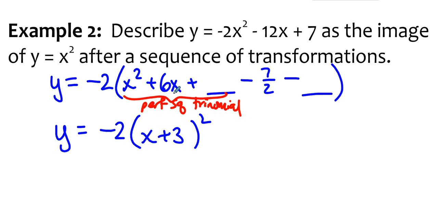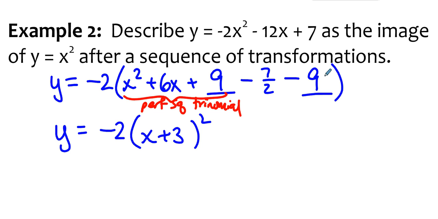But again, you and I both know that x plus 3 squared is x squared plus 6x plus 9. 9 is the number that completes the square. So we add negative 9 within these same parentheses so that we can change the appearance without changing the value.